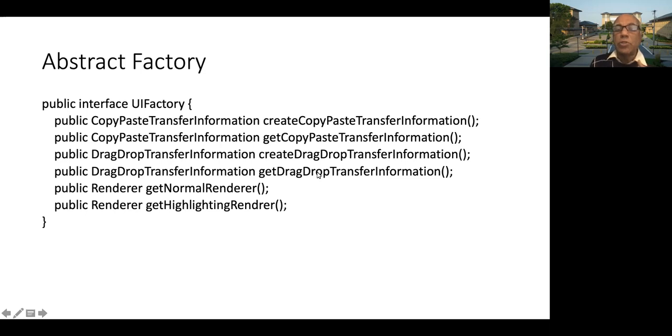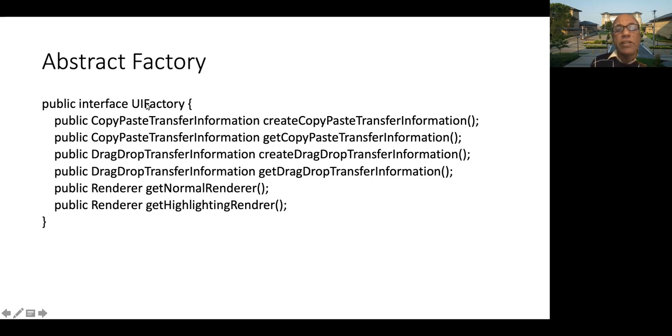And when it is time to drop, we will probably call this get drag drop transfer information, so that we can actually drop the shape or shapes onto the screen. The view will get different types of renderers, Swing renderers or FX renderers from the UI Factory.